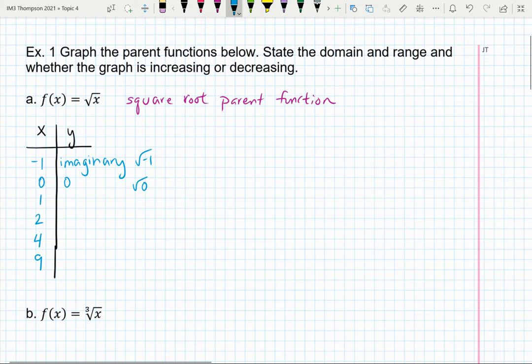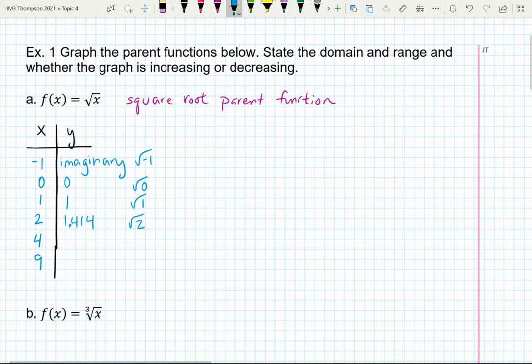Square root of 0 just gives me 0. The square root of 1 gives me 1. The square root of 2 gives me 1.414 something. It's not a perfect square.